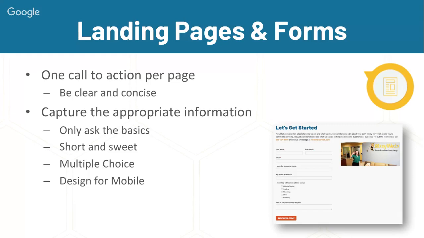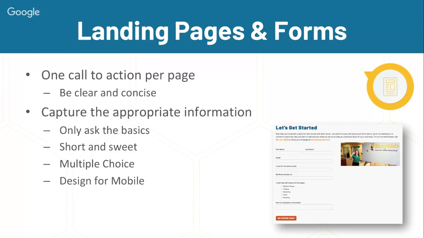So asking for even one question where you're asking people to type it in, if they're filling it out on a form on a mobile device, the likelihood that they're going to take that step is very, very low. So don't think about how you can get all the information from your perspective as soon as possible. Think about how you can get someone to take that very first action inside of your business and then move on from there.